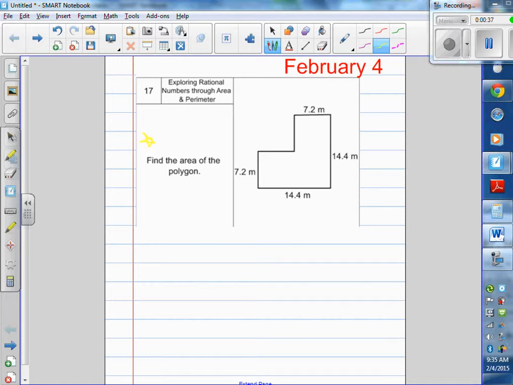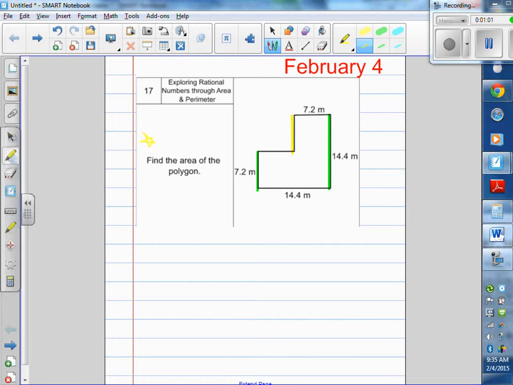When you look at this problem, one of the solutions that the groups came up with was they found the missing values of the sides to start with, because they noticed that this is 14.4 meters and this is 7.2 meters, but they didn't know what this was.